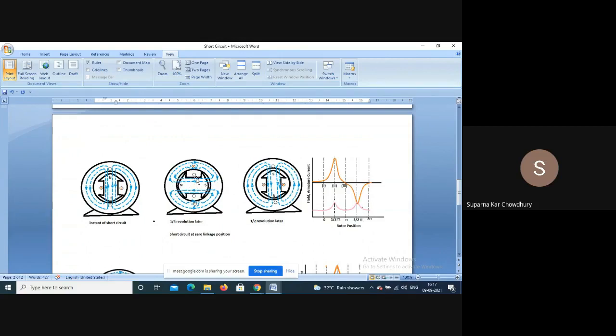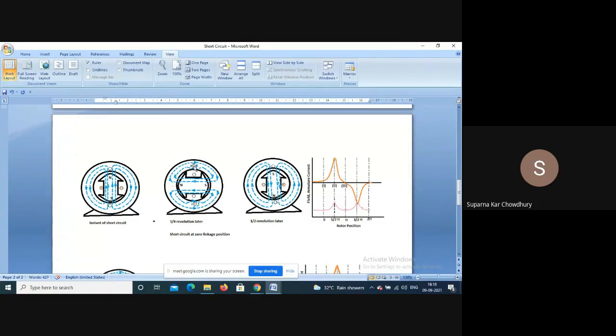So your field excitation is still there. It is not disconnected, so this field distribution will be like this. The conductor linkage was zero, but now the conductor linkage is no longer zero. This is the maximum position, where the field axis and the winding axis are coincident.